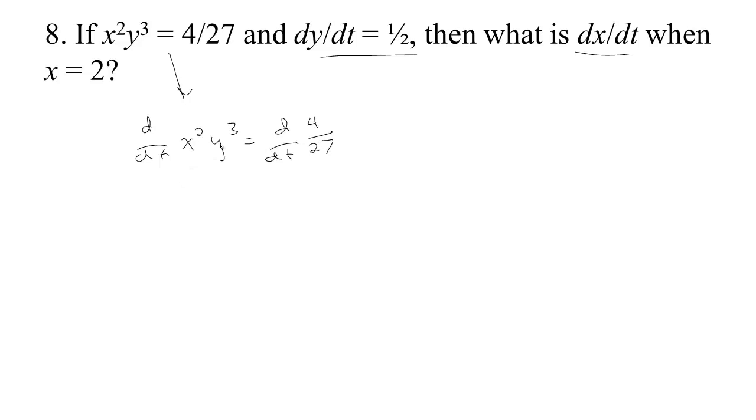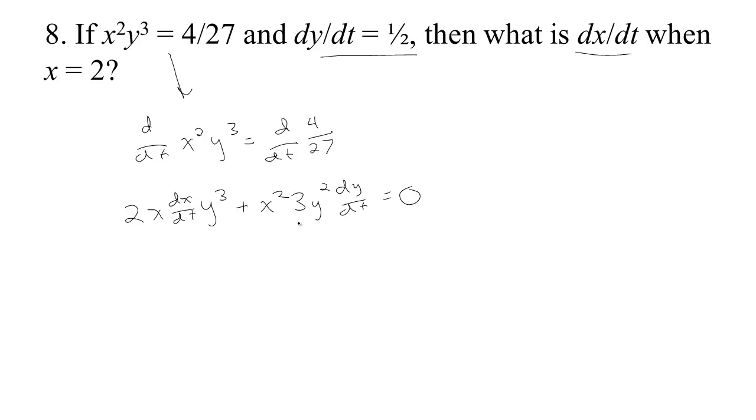First we have a product of two functions. So we take the derivative of the first, which is 2x dx/dt, times the second, which is y cubed, plus the first, which is x squared, times the derivative of the second, which is 3y squared dy/dt. Now on the other side, we have the derivative with respect to time of some constant, 4/27, and so we get 0.